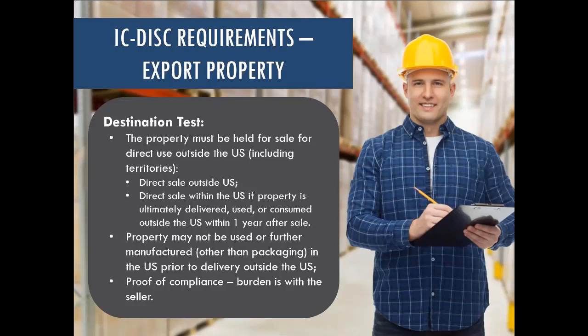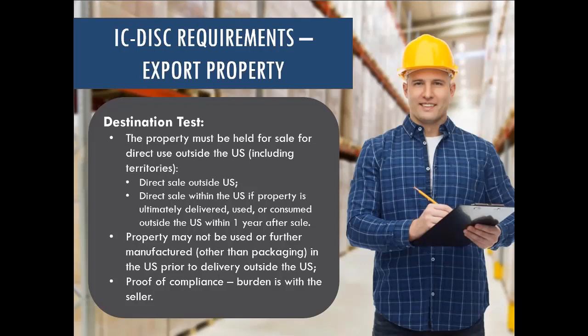The second is the indirect method. So you are shipping to, say, a US address, but even though you ship it to a US address, if that property is ultimately delivered or used outside the US within one year of your sale to the customer, then you would still meet the destination test.